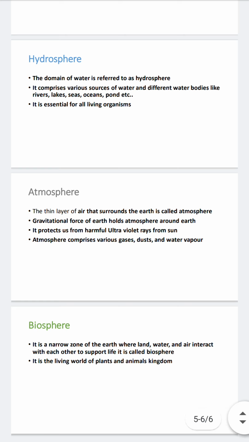Then the fourth domain is biosphere. It is a narrow zone of the earth where land, water and air interact with each other to support life.